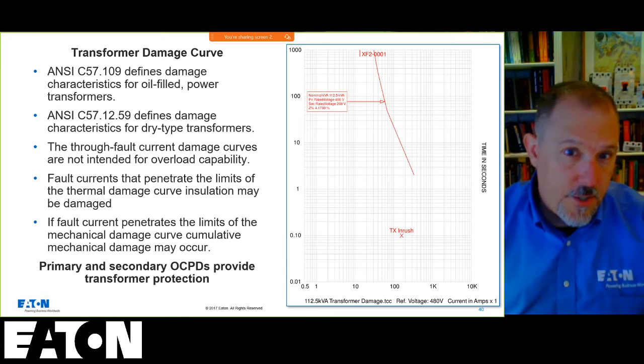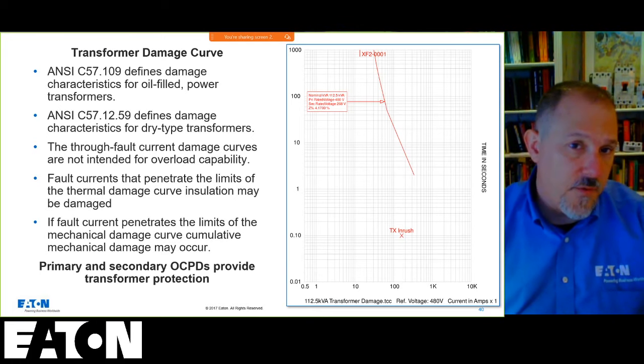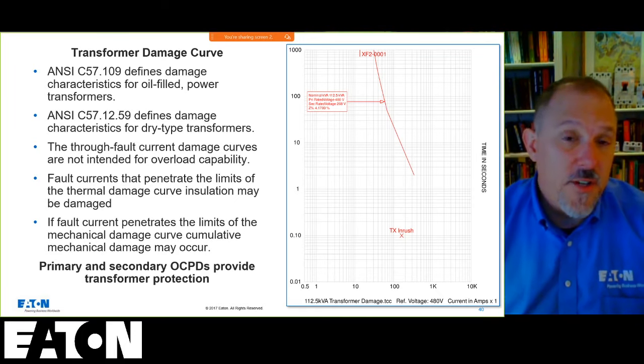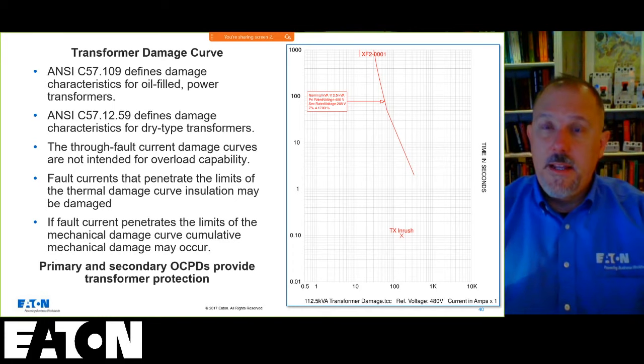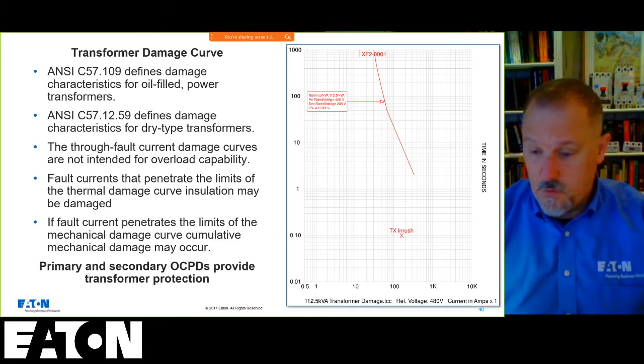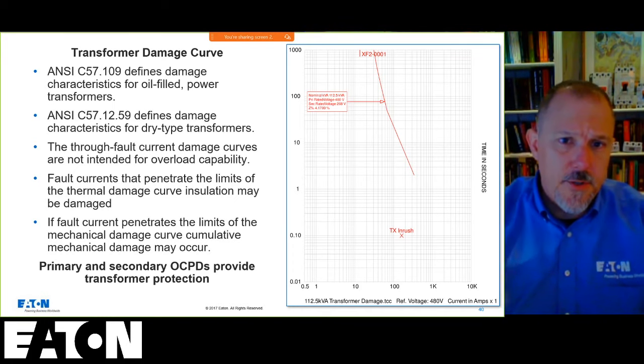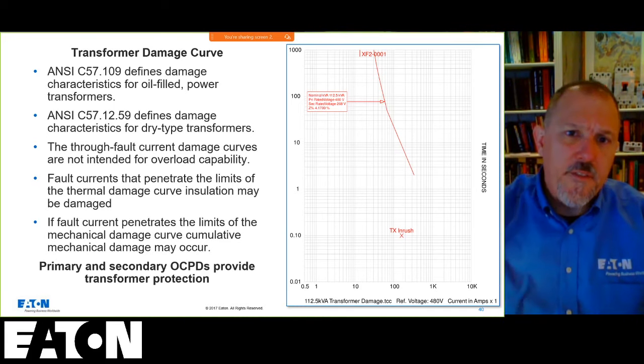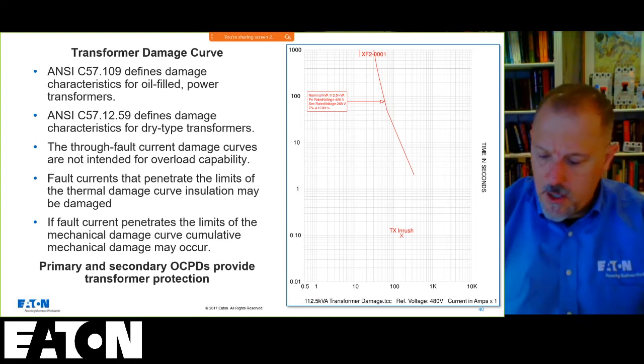So of course, every transformer manufacturer will have their own. Every transformer will have its own curve, but I'm not going to get that for a 112.5 kVA transformer. I go by these standards, and quite frankly, the actual damage curve is probably further to the right, giving me some buffer. This is conservatively low anyway.